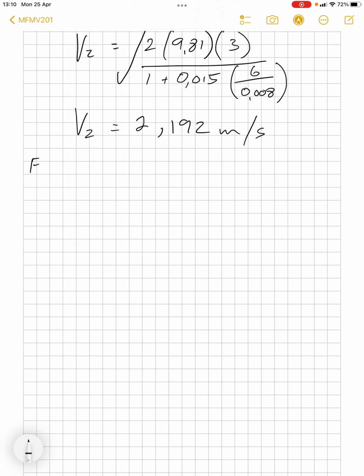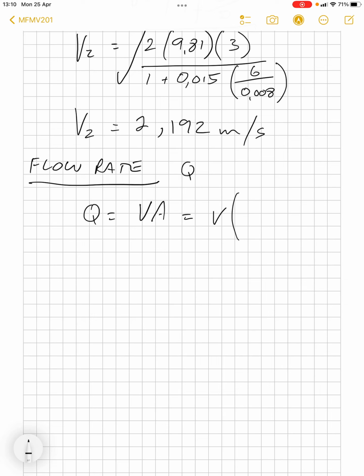The second thing is flow rate, which is determined by the letter Q. So Q is velocity times the area of the flow, or substituting for area, we have pi d squared over 4.